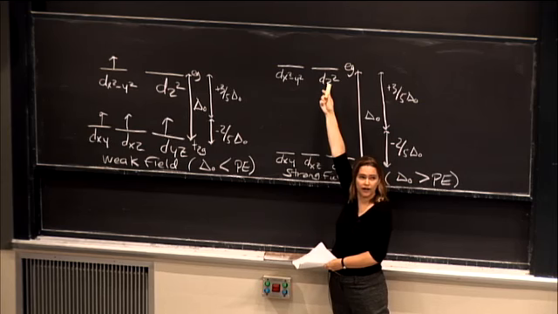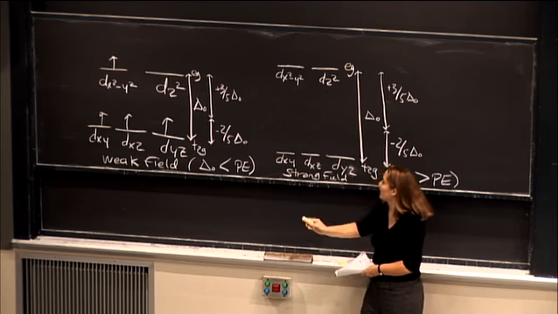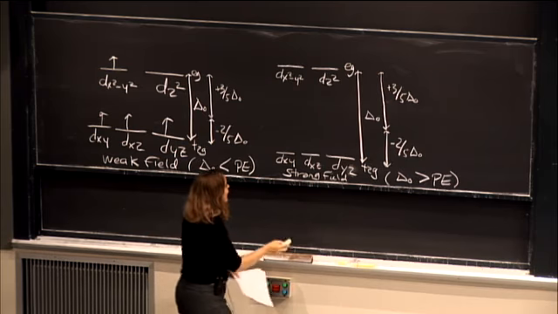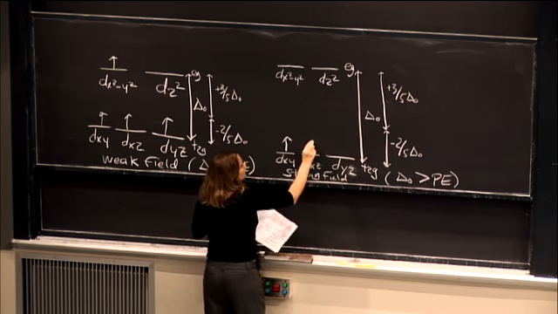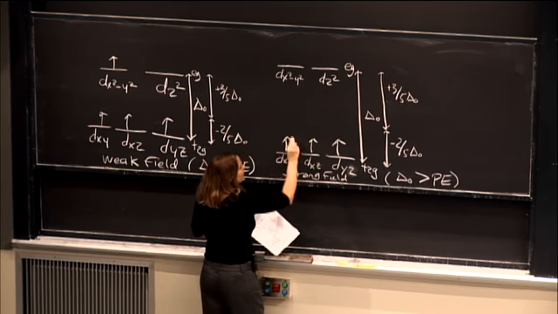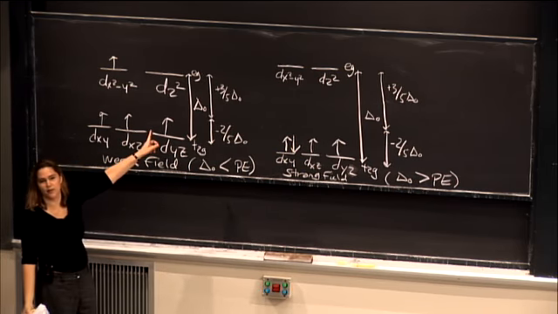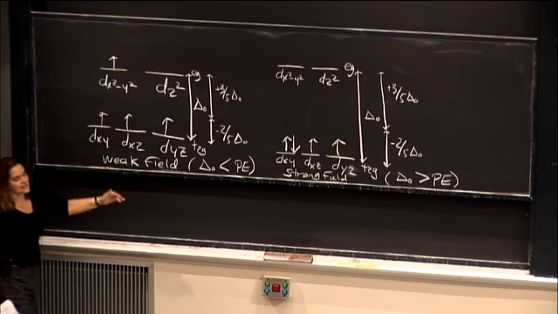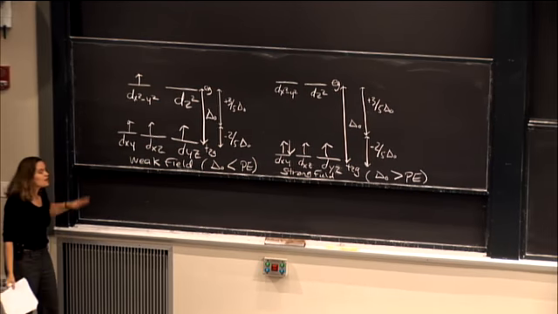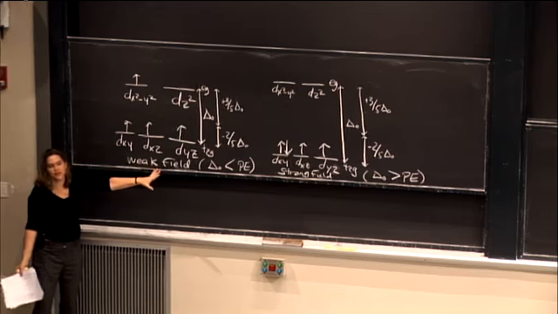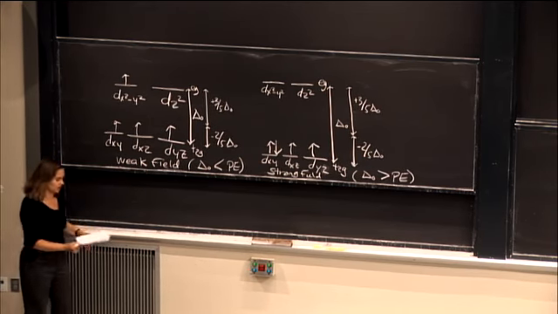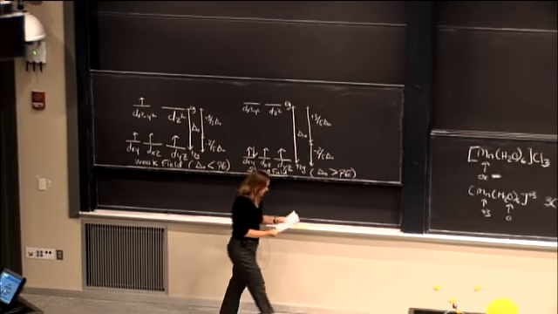That's really far up, so I'm not going to do that. I'm just going to put them in here. I'll put the first 3 in, and then the fourth one is going to go down where I can reach it. I don't have the energy to put it up there. So that's a strong field. Weak field I can handle. Strong field, I'm going to try to pair them all up.